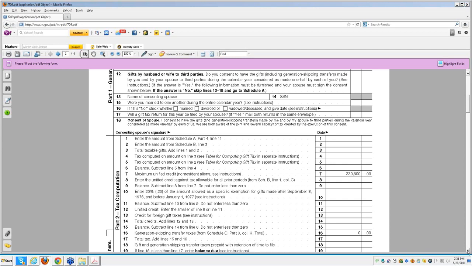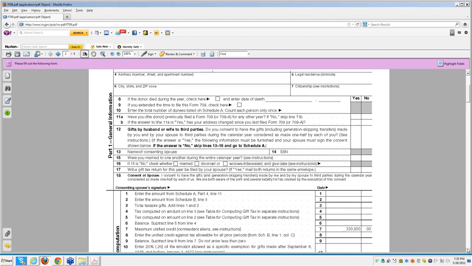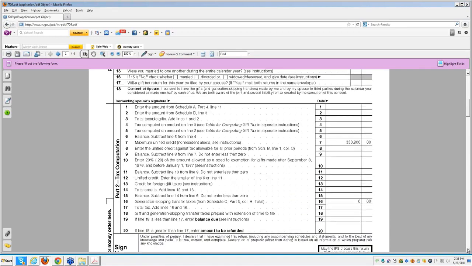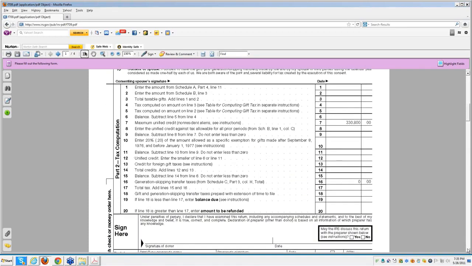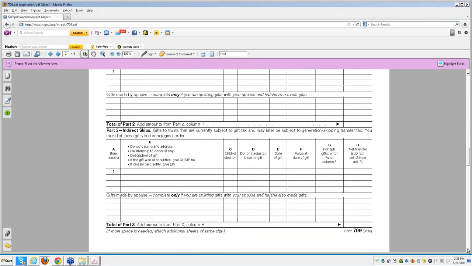The 706? Yeah, this is the 709 form. Okay, so on line 7, we put in 5 million, or it's already on the form when you order it? Well, this is your unified tax credit on gifts. The 5 million is on the estate side. Okay. This is on the gift side.